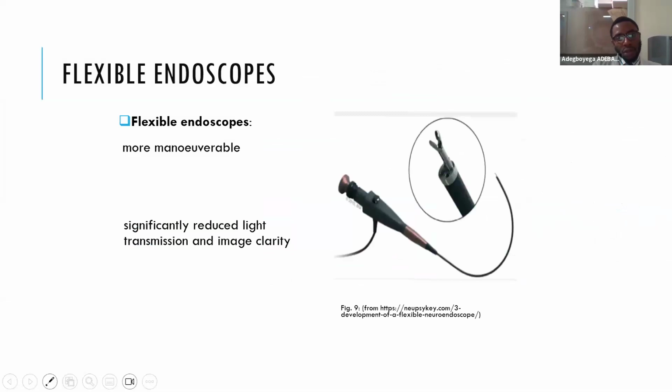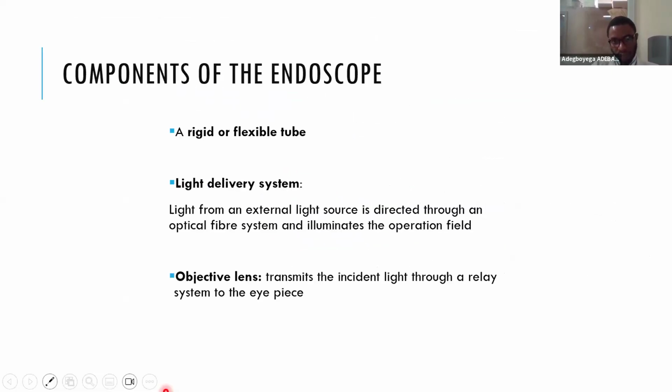The flexible endoscope is more maneuverable, but this increased maneuverability comes at the expense of image quality. The parts of an endoscope: an endoscope comprises a tube, which could be rigid or flexible, depending on whether it's a rigid or a flexible endoscope. It has a light delivery system that transmits light from the light source onto the surgical field.